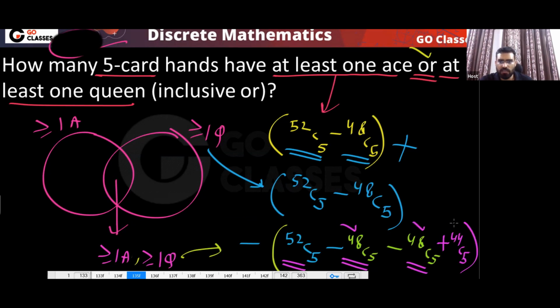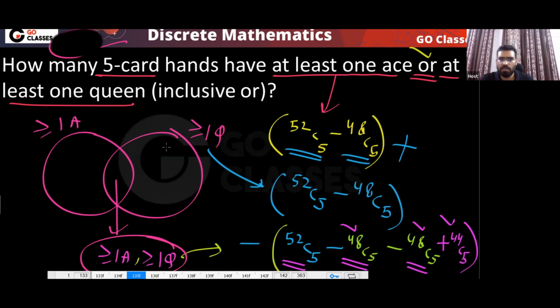But you should add it back, because you have removed this here also, in both places. So finally the answer will be this plus this minus this. Many terms are going to cancel out.